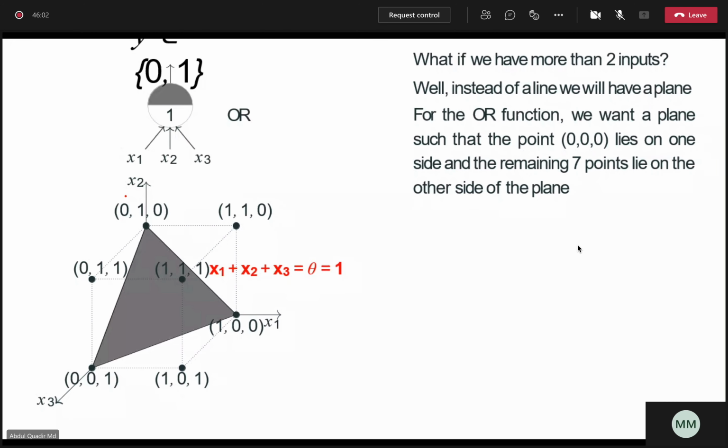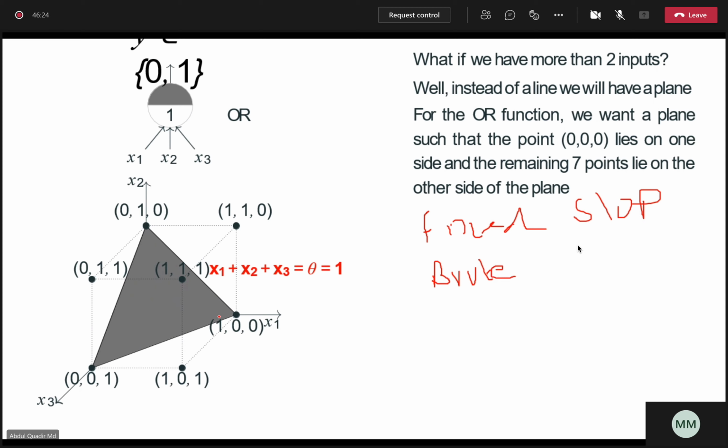So this is all about it. The problem with the MP neuron is it has a fixed slope. Brute force, because you need to change the value of theta every time.